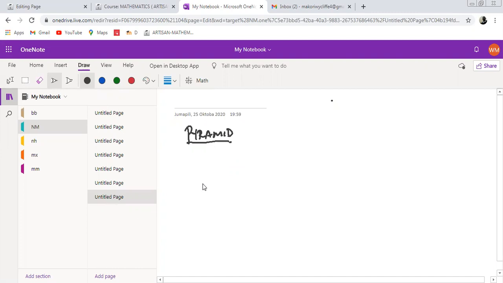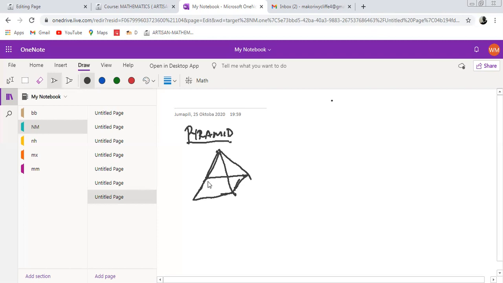So it is actually a figure that has got this shape. It has a common vertex like that. So that is what we normally refer to as a pyramid.